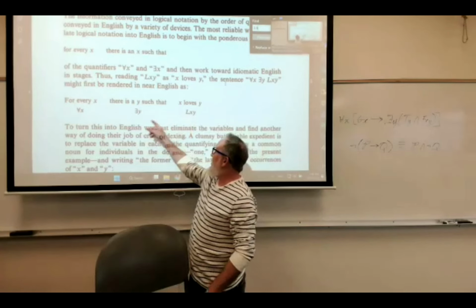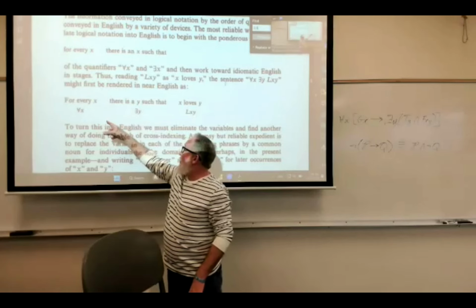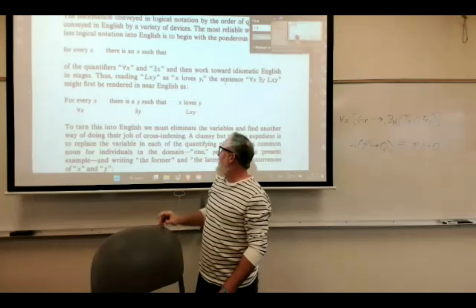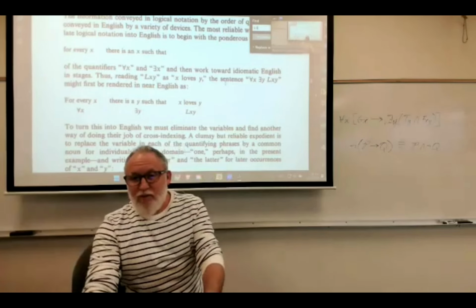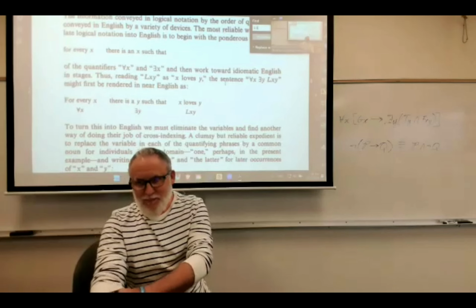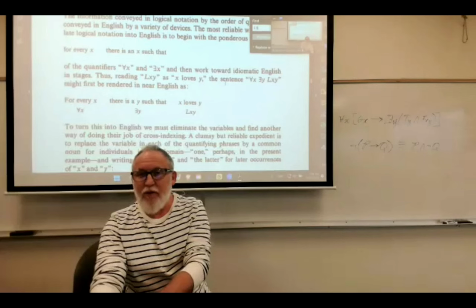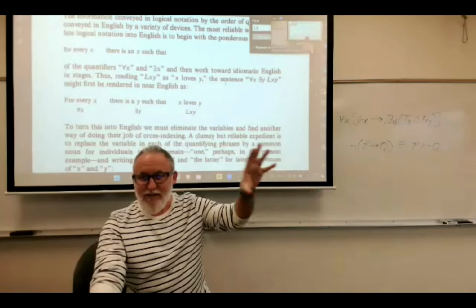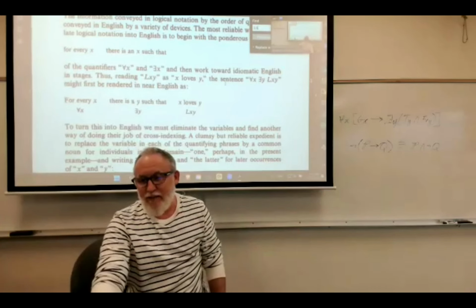So this is very important. These are what I call pseudo English, right? For every x, there exists a y such that x loves y. That's very good pseudo English to keep handy. It's a good bridge when you're going from symbolic representation into English: start out with something that looks like this and then try to phrase it more elegantly.